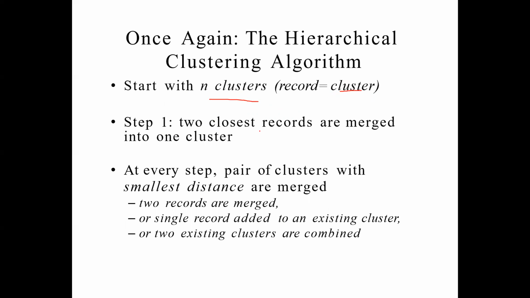Then in step 1, the two closest records are merged into one cluster by applying either single linkage, complete linkage, or centroid or average method. Then at every step, the pair of clusters with the smallest distance is merged. So if my method is the single linkage method, then we use the smallest distance merge method. These are the three possibilities that we discussed: two records are merged, or a single record is added to an existing cluster, or two existing clusters are combined together, right?